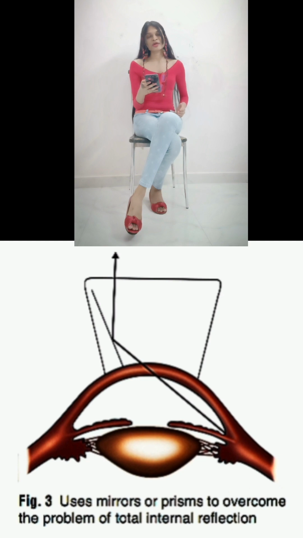So when the light rays pass from the angle, they are not reflected at the cornea and the lens interface, and they are incident on the mirror and are reflected perpendicular to the contact lens and the air interface, and can reach the examiner's eye to see the antechamber angle. So that was all about the principle of gonioscopy, direct and indirect gonioscopy, and the reason why we cannot see the antechamber angle normally.